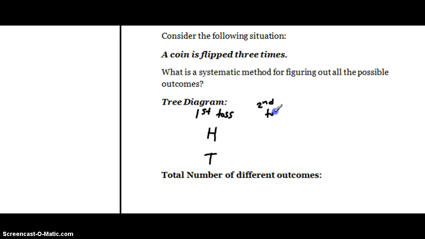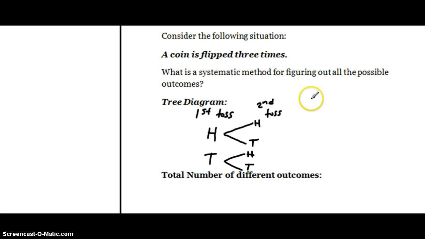So for our second toss, we could also get heads or tails, but it would depend on what we got the first time for what combination we have.